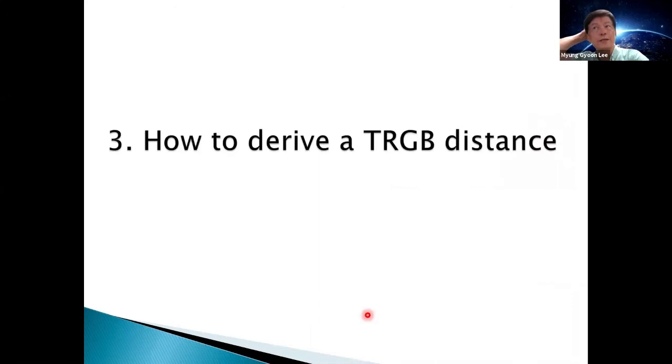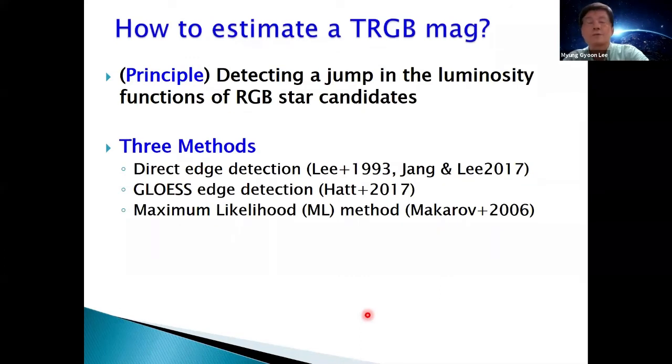Then, how to derive a TRGB distance of a galaxy? Well, the principle is simple: detecting a jump in the luminosity function of RGB star candidates. By luminosity function, I mean the number distribution of stars as a function of magnitude. Often, three methods have been used.